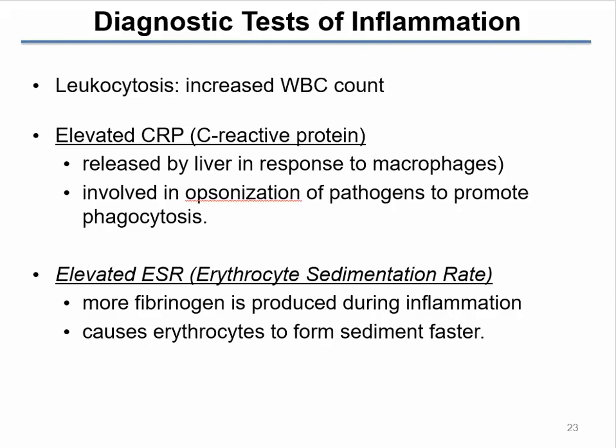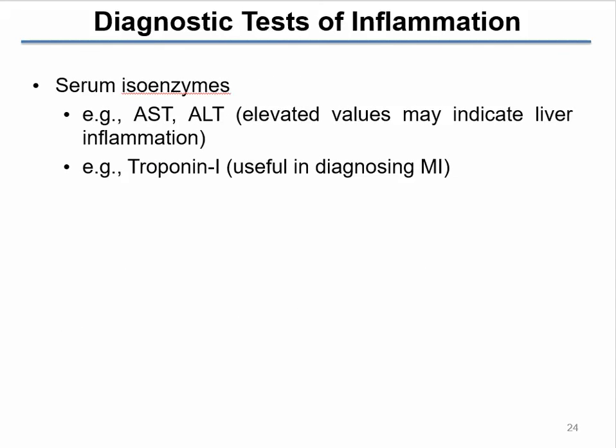Now, some of the other tests look at various enzymes that are indicative of inflammation in a specific organ, like the liver enzymes, AST and ALT. They indicate liver inflammation when we see these isoenzymes in the blood, and they show up in blood work.